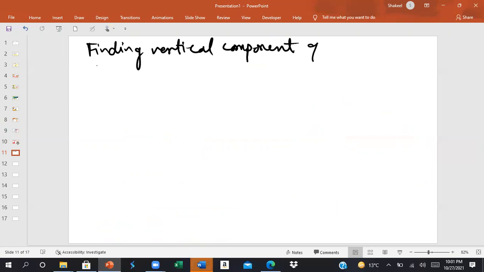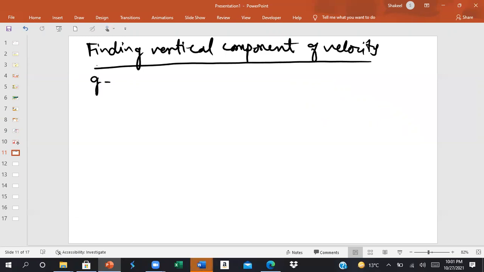So how to find that? Finding the vertical component of velocity: as we know, the acceleration is constant, plus or minus 9.81 meters per second squared, so we are going to use equations of motion.